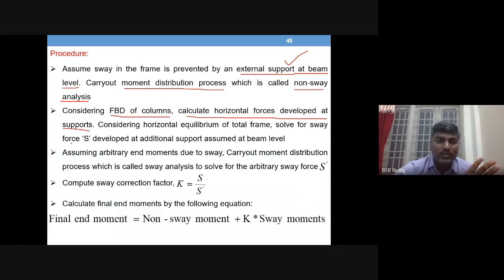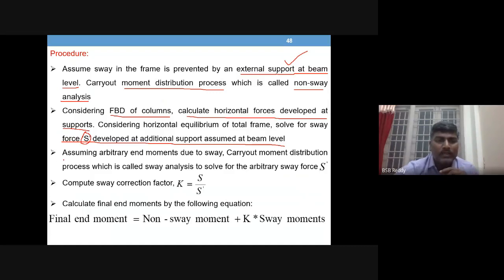Okay, so solve for sway force developed at the support assumed. So find this S value. What is S? It is the support reaction at which you have assumed a support for stopping the sway.